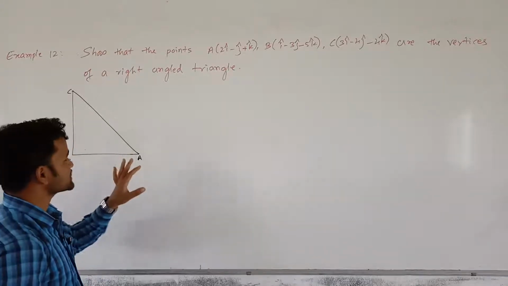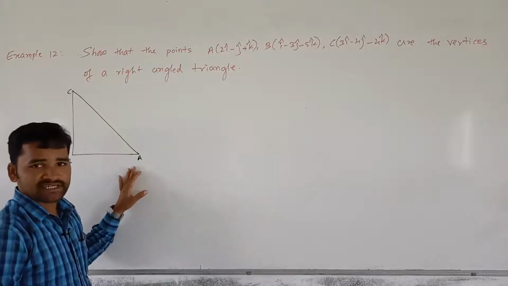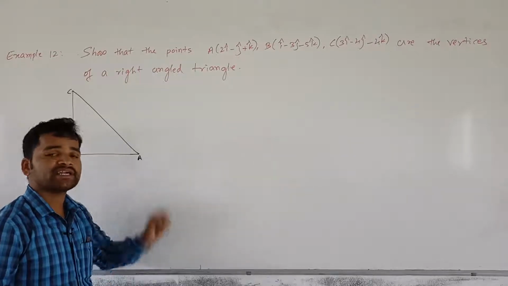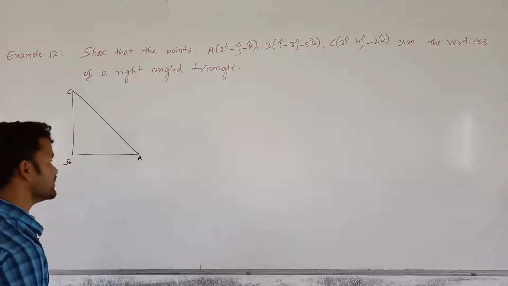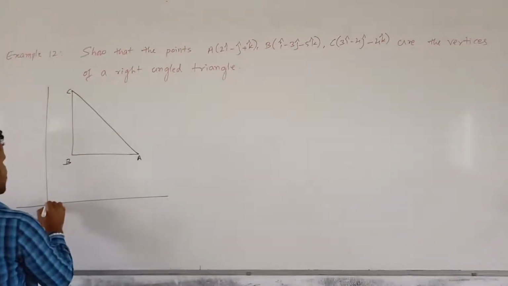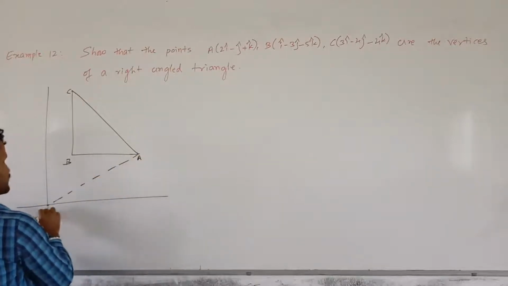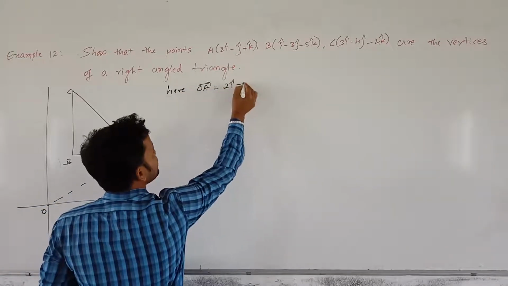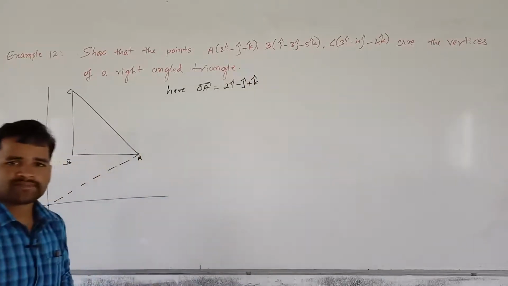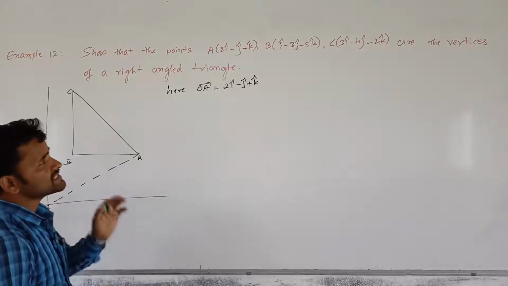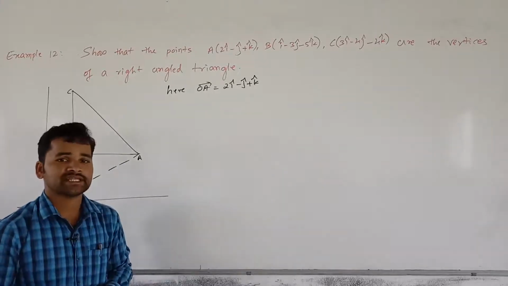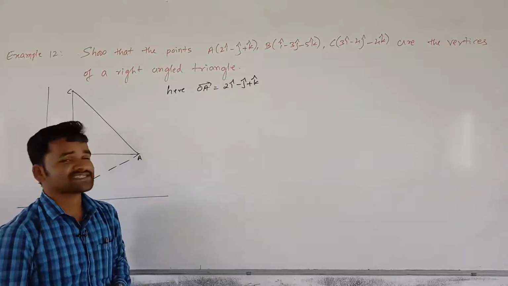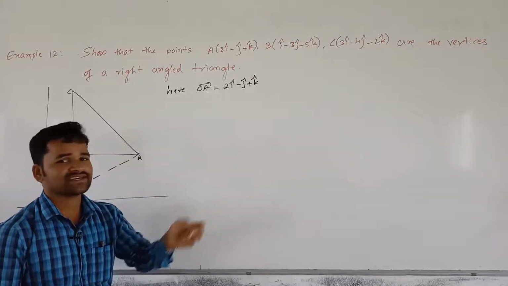These are points, in the sense they are saying that a point is given, that means 2i minus j plus k is a position vector of point A. Position vector of point A in the sense this, if you join from the origin O like this one they have given you, here vector OA is 2i minus j plus k, position vector of point A. Some of you will get confused, like we will take AB as 2i minus j plus k, BC as another vector, CA as third vector, like that we will take.